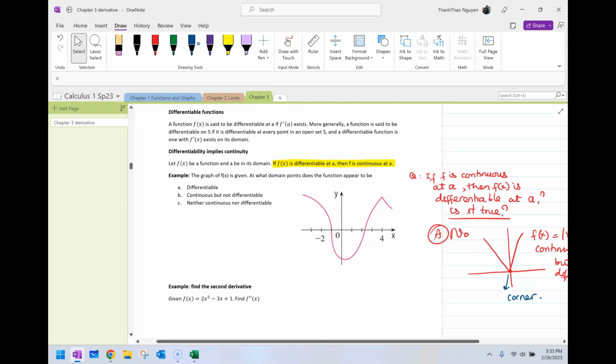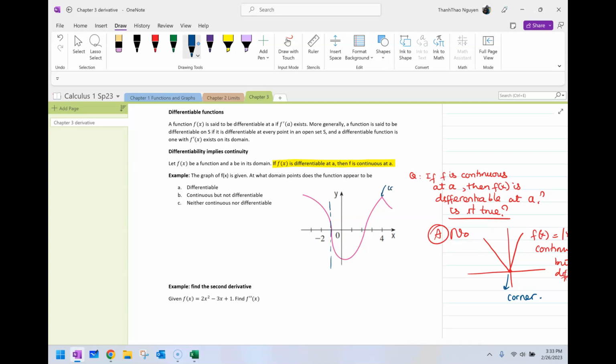So this function here cannot have the derivative at the vertical tangent line or the corner. So it is differentiable on the intervals from negative infinity to negative 2, union negative 2 to 4, union 4 to infinity.